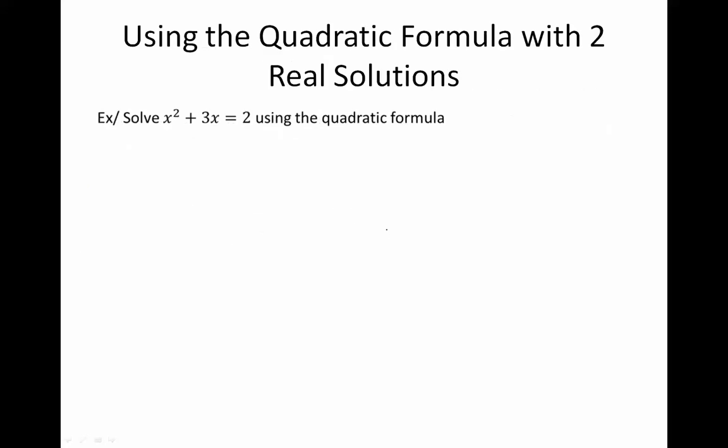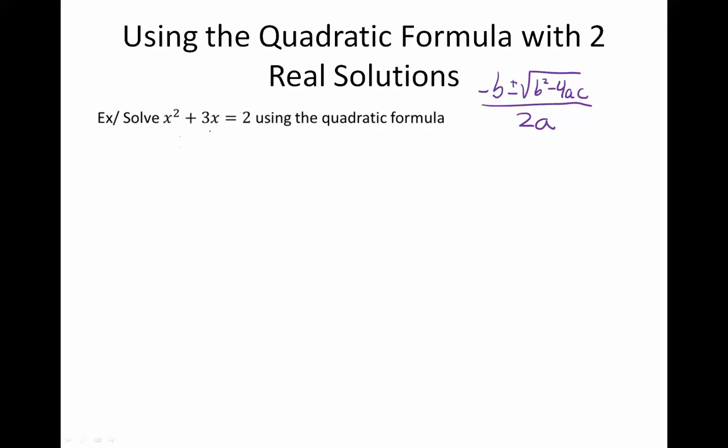So here is our quadratic equation, x squared plus 3x equals 2, and we're going to solve it using the quadratic formula. And again, the quadratic formula is negative b plus or minus the square root of b squared minus 4ac, all over 2a.